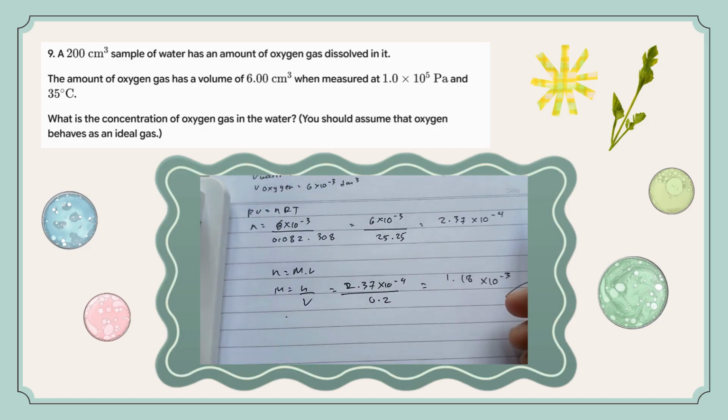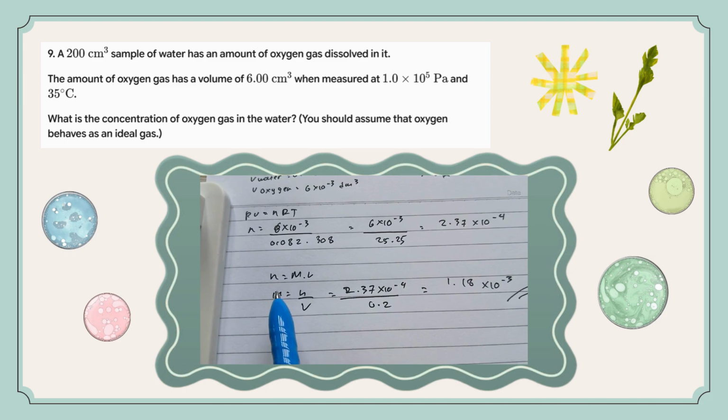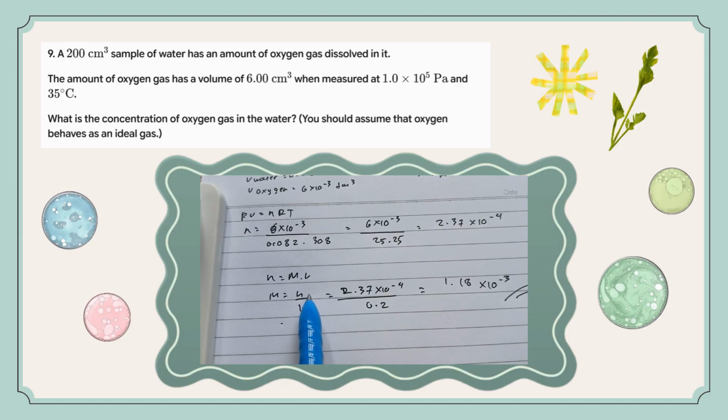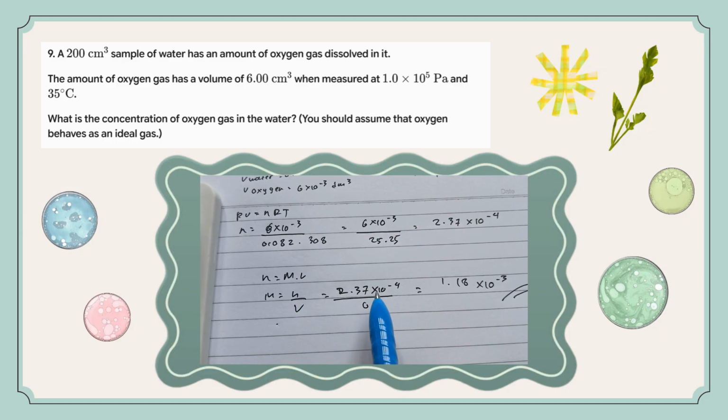And for calculating the concentration we have the equation mole equals concentration times volume. To search for the concentration we get mole divided by volume.